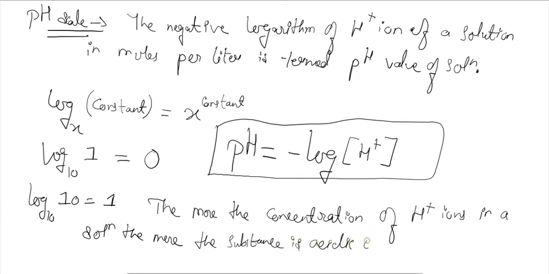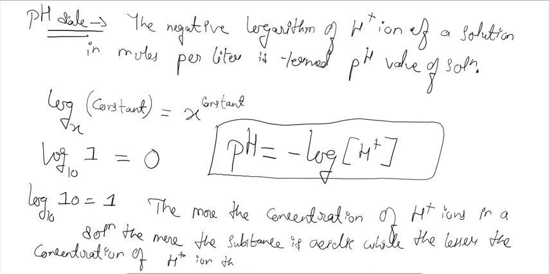While the lesser the concentration of H plus ion, the more basic characteristic it has. This is what the pH scale defines.